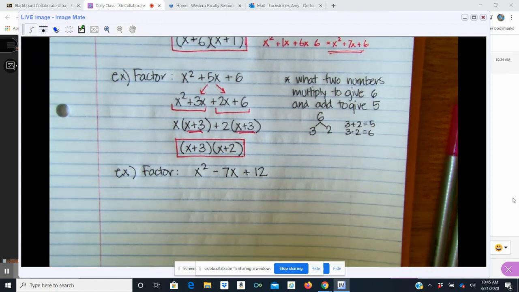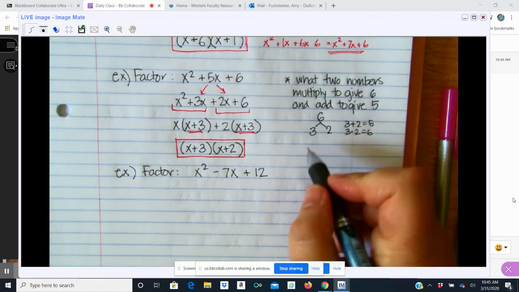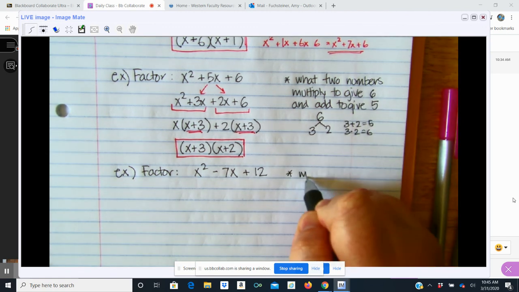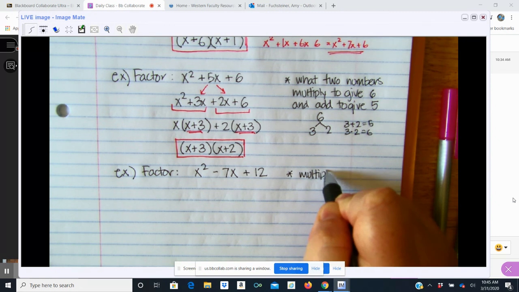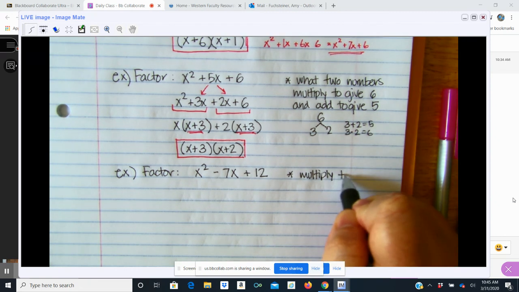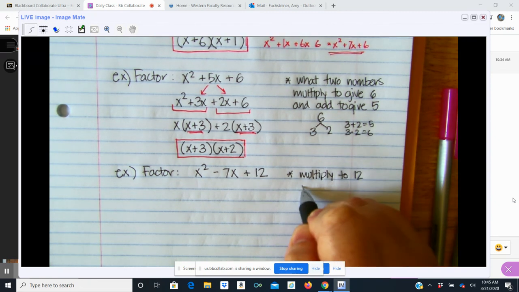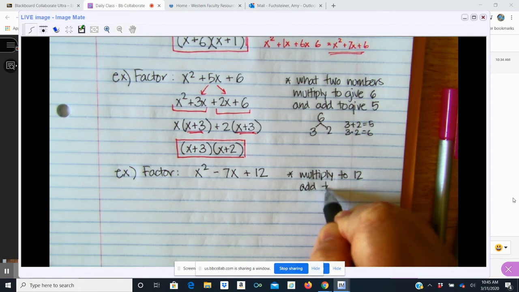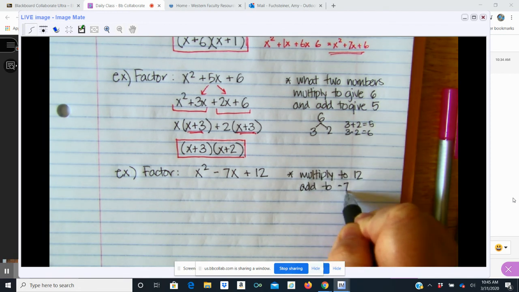All right, what about an x squared minus 7x plus 12? We want to multiply to a 12, but add to negative 7.